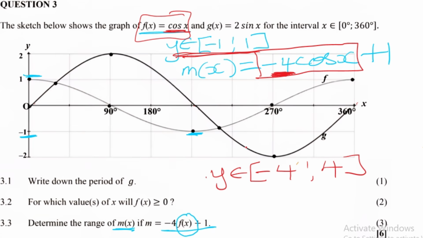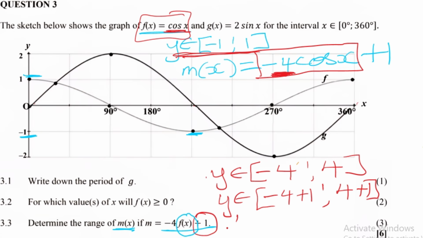But because they said +1, the new range that we are going to have will look like this: y is an element of -4 plus 1 to 4 plus 1.